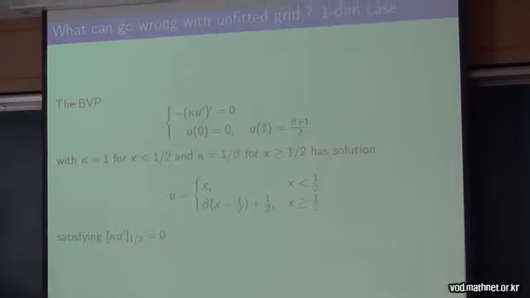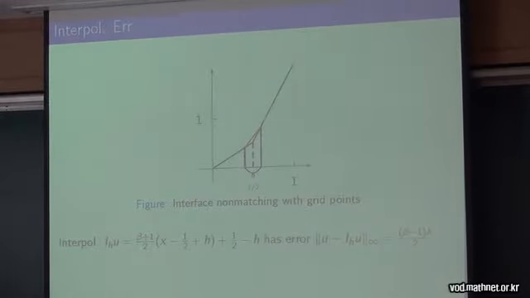Okay, this is the exact solution, and the interface is located at the midpoint, 1/2. But if you use a grid, finite element, so you just make the grid, and the grid resolution does not match the interface.